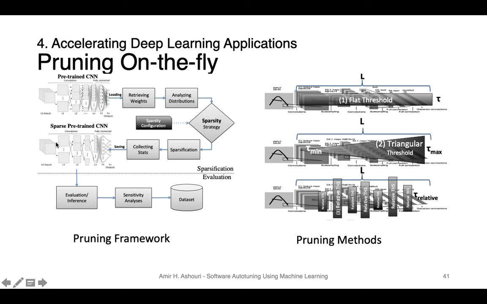Depending on the sparsity strategy, we sparsify that model given these ranges. And this is going to be the sparse pre-trained CNN. Then we evaluate that to see how much compression we got and what the upper bound of the benefits is that we can eventually get if we realize that on the device.